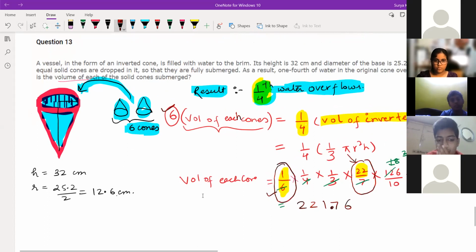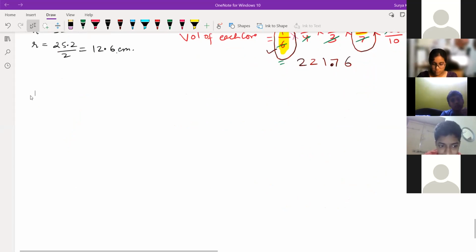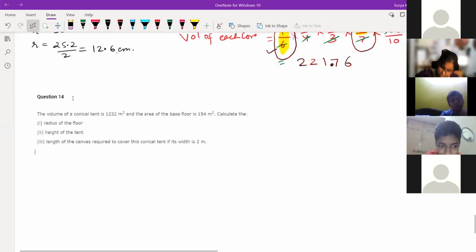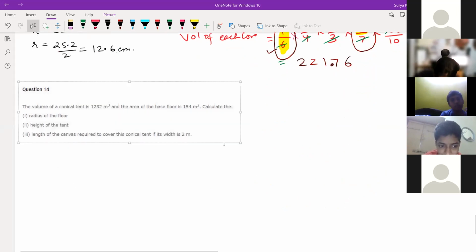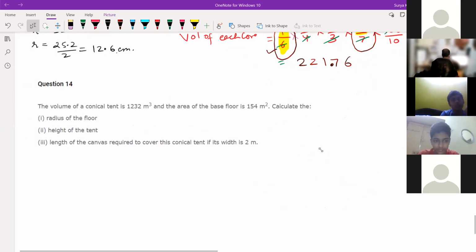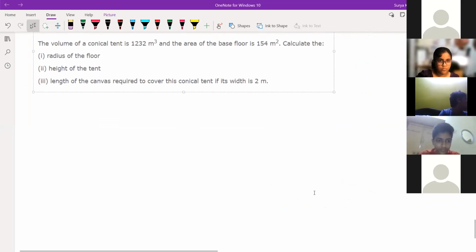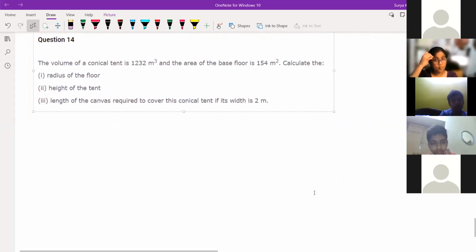Yes. Next, question number 14. The volume of a conical tent is 1232 meters cubed.